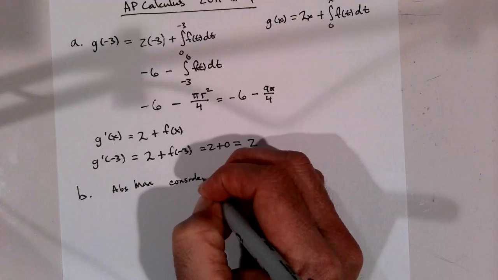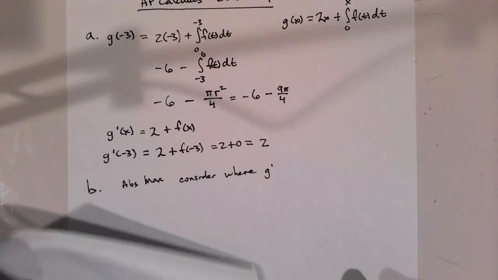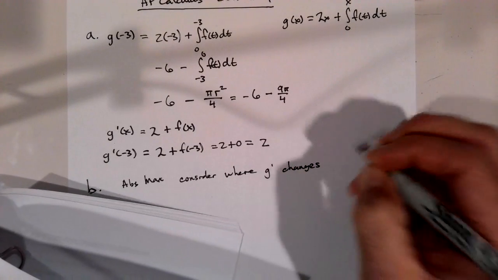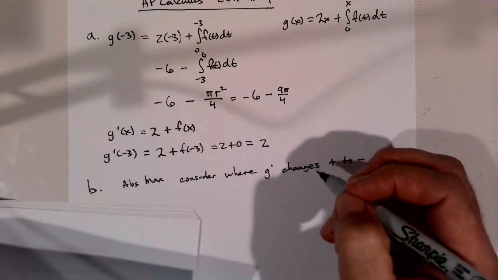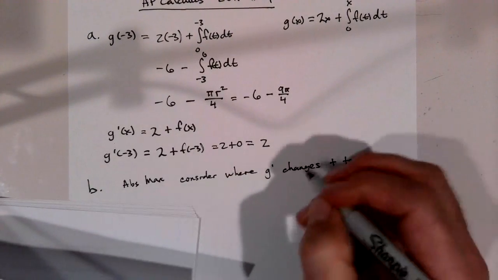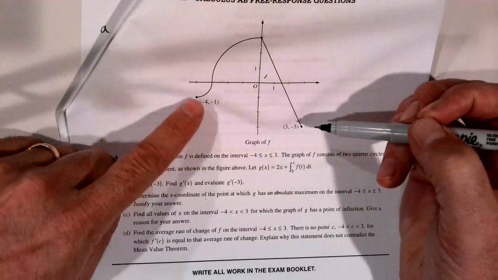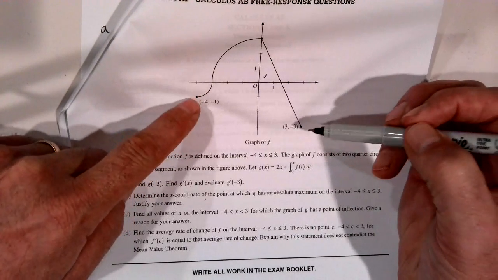So for an absolute max, consider where g prime changes from positive to negative. And g prime, remember, we already located: it's 2 plus f of x. So I want you to think about that. This is f. If we add 2 to this, the whole thing shifts up 2 units.